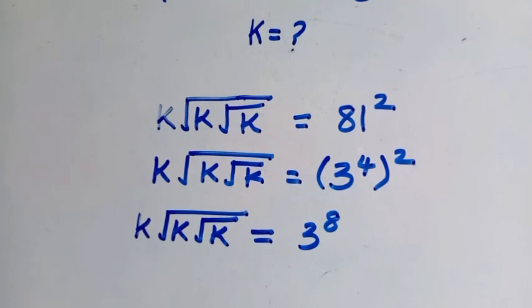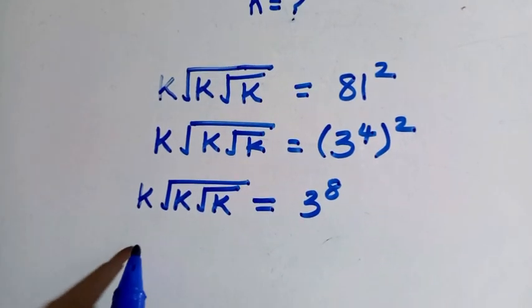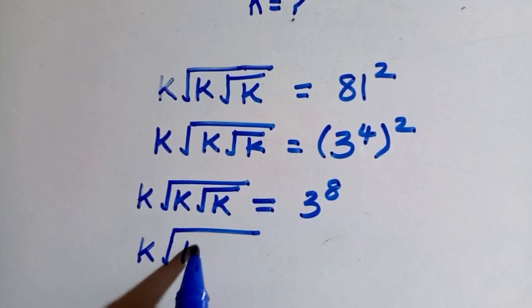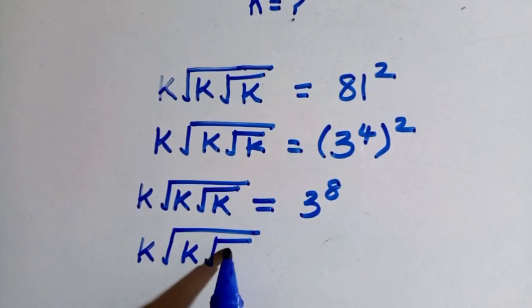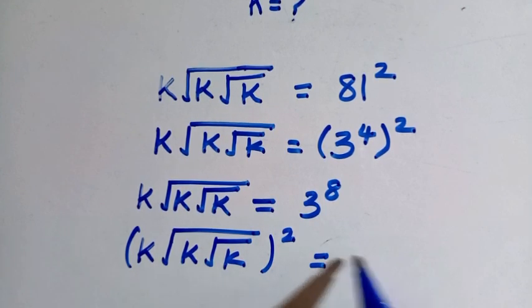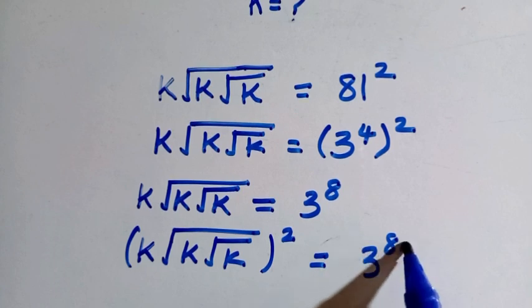And in the next step, we are going to take another square of both sides, as we have this as k multiplied by square root of k multiplied by square root of k all raised to power 2 equals 3 raised to power 8 multiplied by 2.